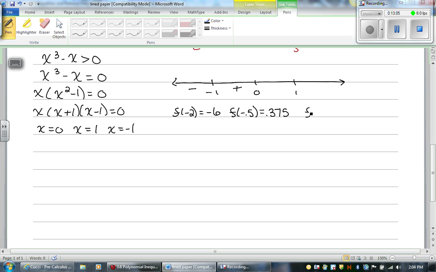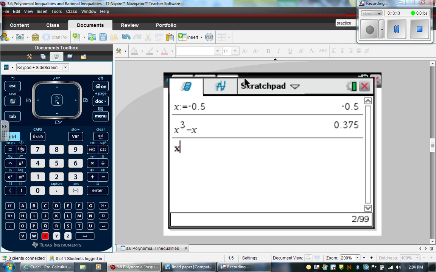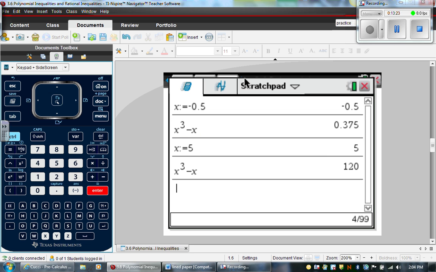Between 0 and 1, let's try a positive 0.5. Store 0.5 in x. Oops, this is supposed to be 0.5, isn't it?